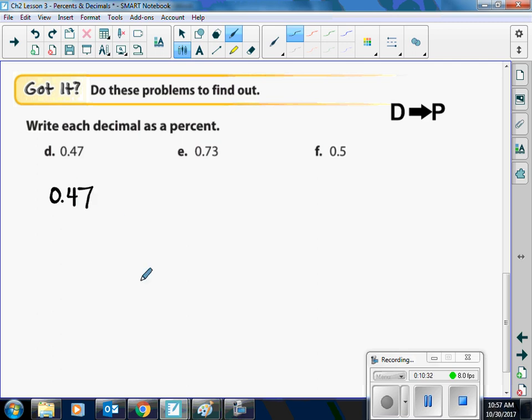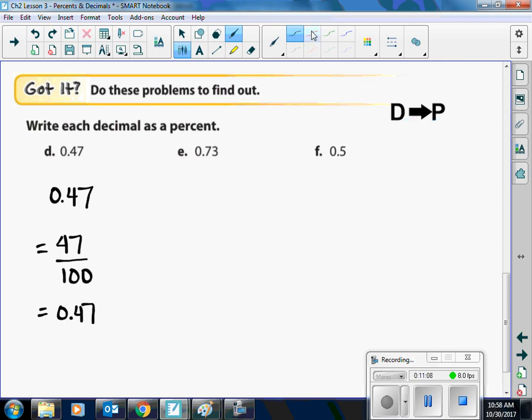Okay, actually let's do this one as the fraction first. 0.47 is 47 hundredths, right? So that's going to be 47 over 100. That's 47 hundredths, right? And to write 47 hundredths, we write 0.47. Very good.